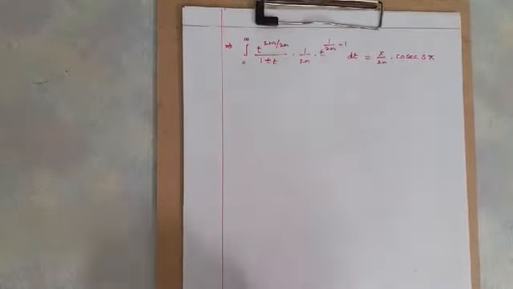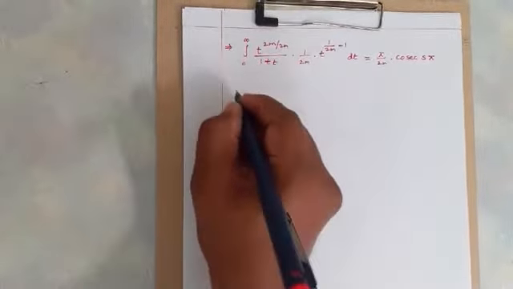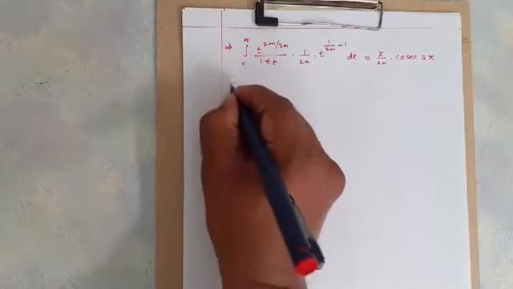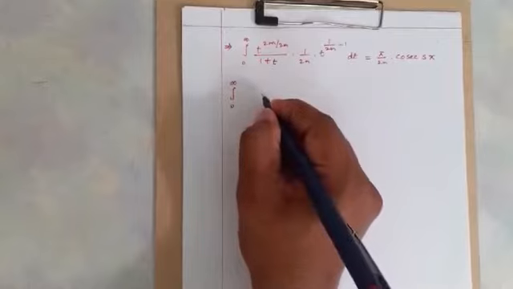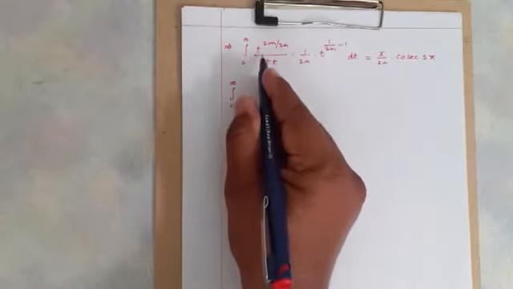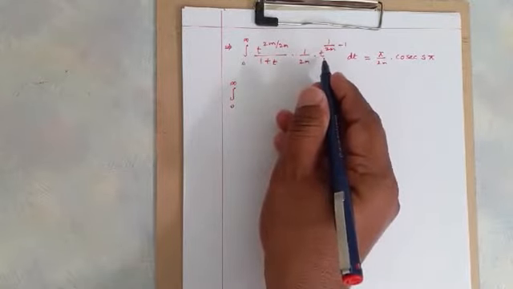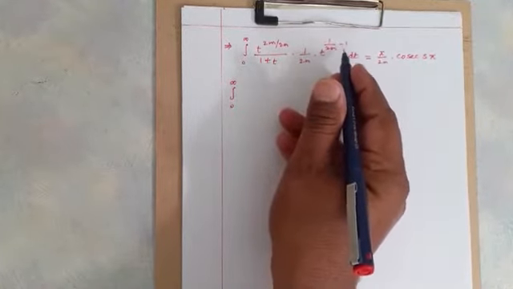Then after this, when you simplify this, you get integral 0 to infinity. Now you can see here we have t power 2m by 2n, and then we have here t power 1 upon 2n minus 1.